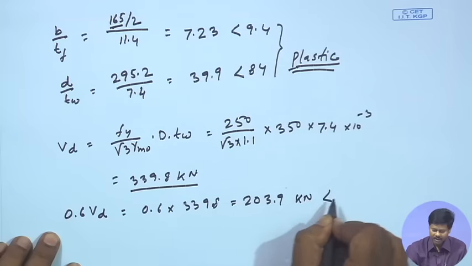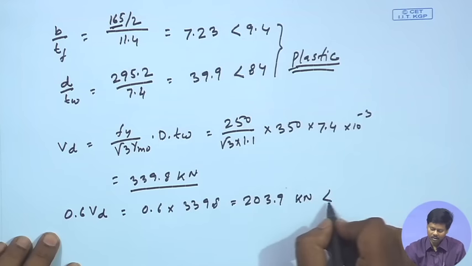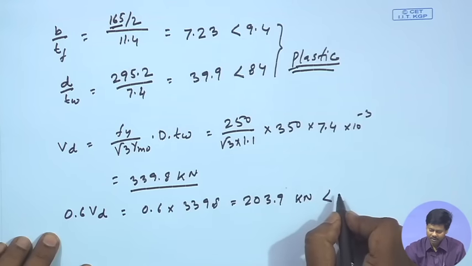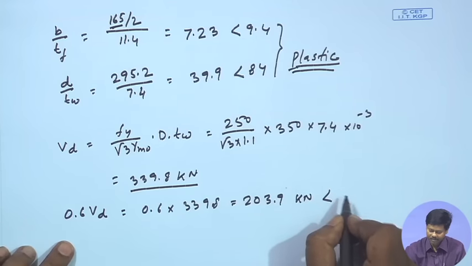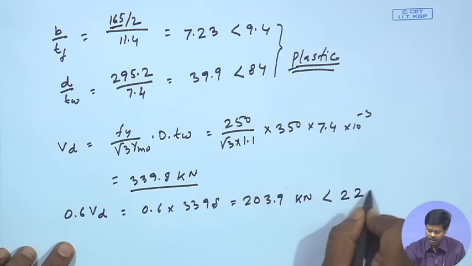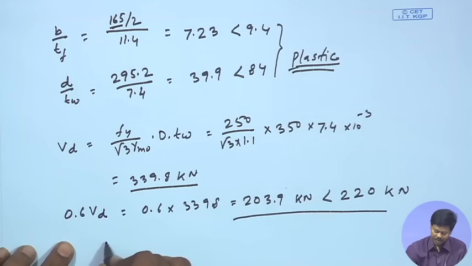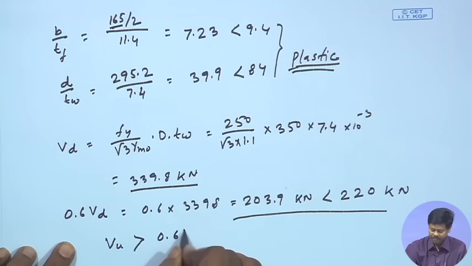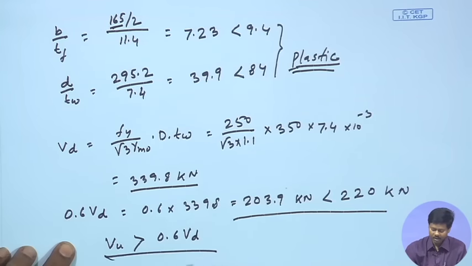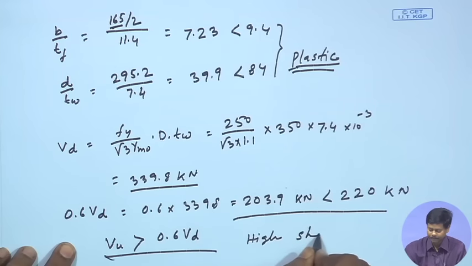This is less than the applied factored shear which is coming in the beam due to external loading, that is 220 kilonewton, right. So, here we could see that Vu is greater than 0.6 Vd, right. That means we can define this as high shear.